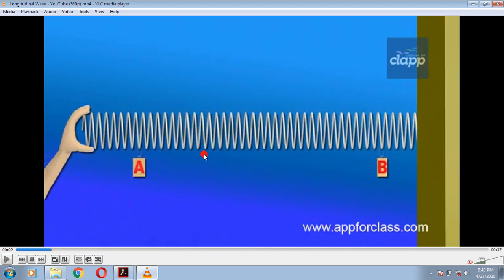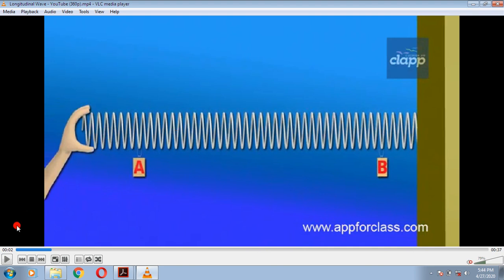Here a spring has one end attached and the other end free. Firstly two points are identified by hanging pieces of paper marked A and B. We will create a longitudinal wave, and see how the points of the spring displace or behave when the wave propagates.